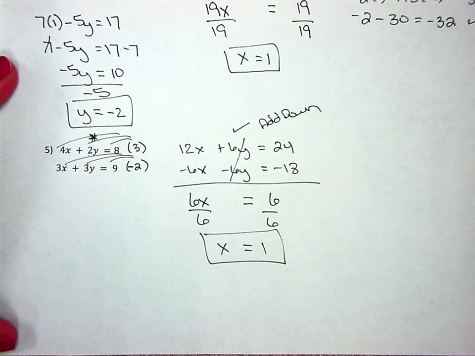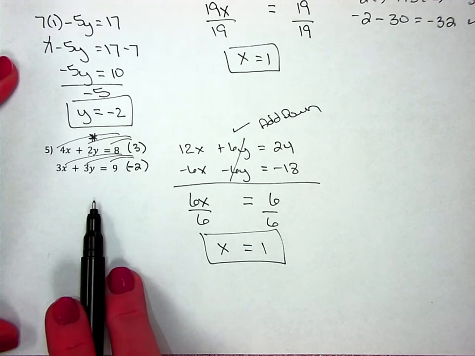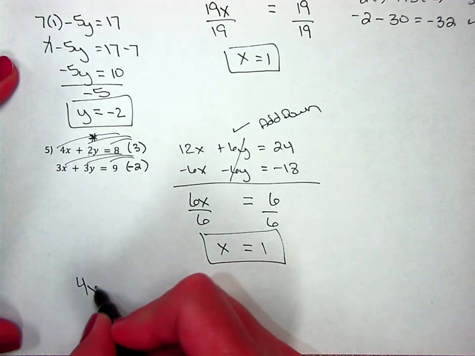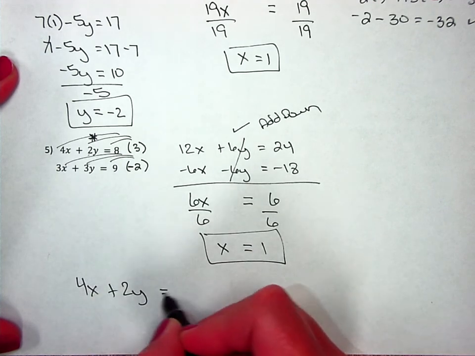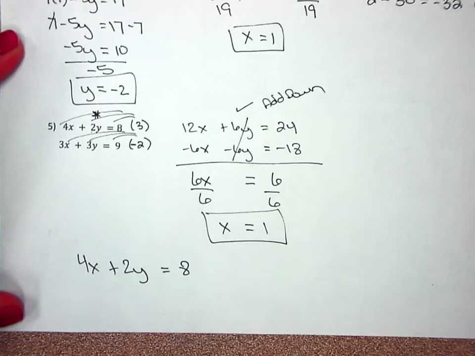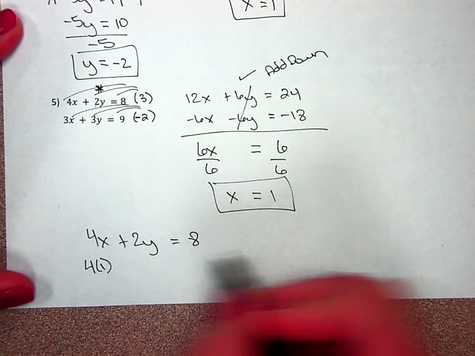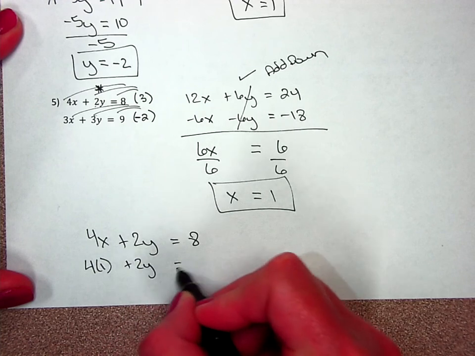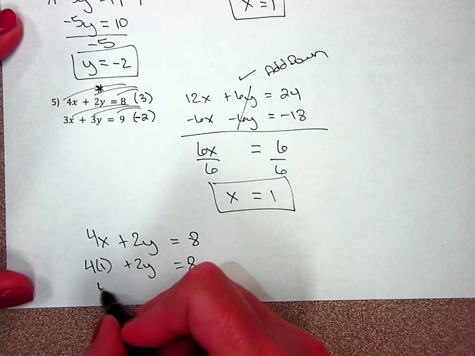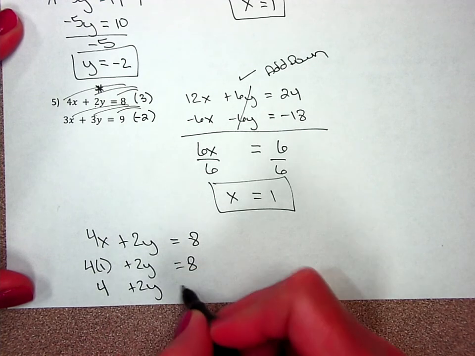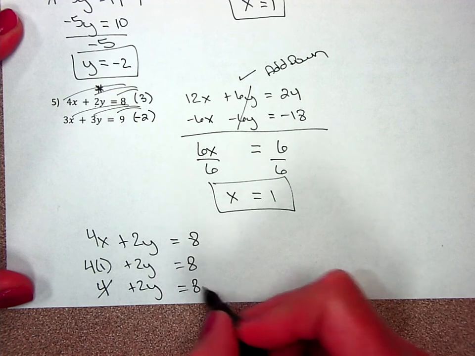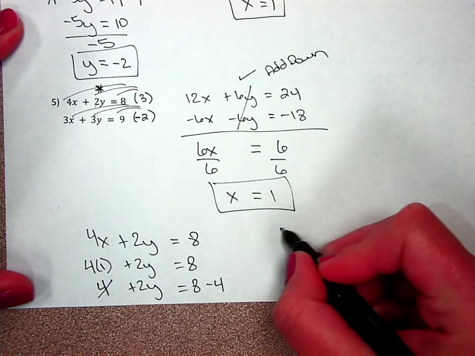Pick one of the equations. 4x plus 2y equals 8 is the one that I'm going to pick. Plug 1 in for x. 4 times 1 is 4. Subtract the 4 over.